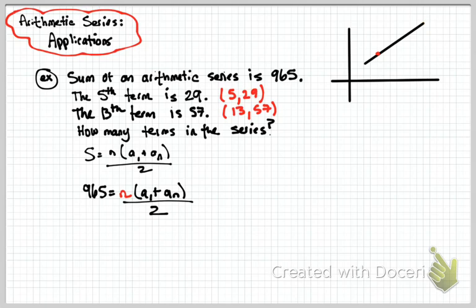And we don't know how long this line extends out because we don't know when it stops. But at least we know 2 points. We know that this is (5, 29), more or less, and this is (13, 57). Find our slope.